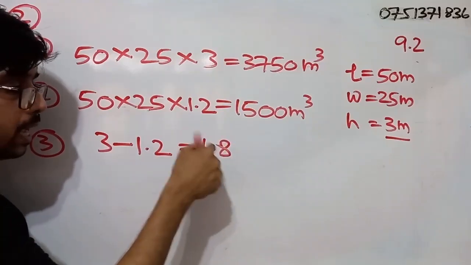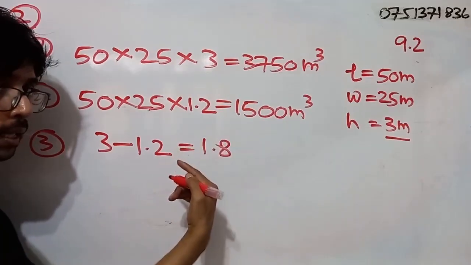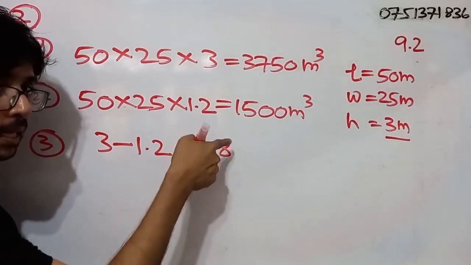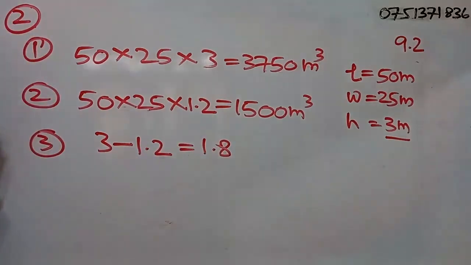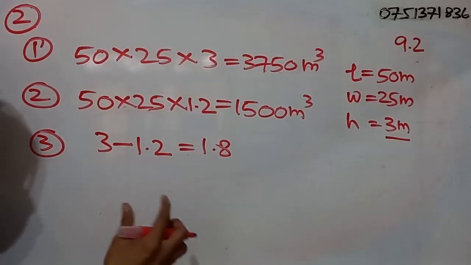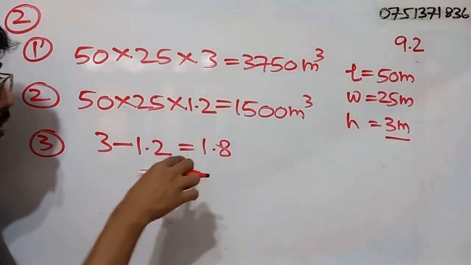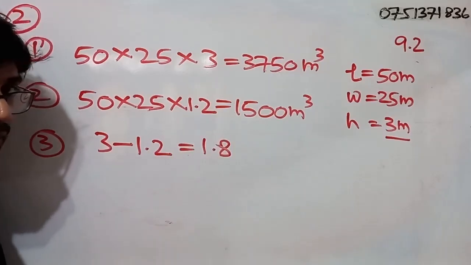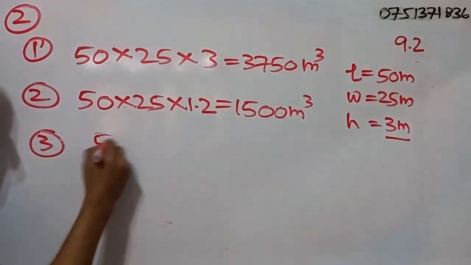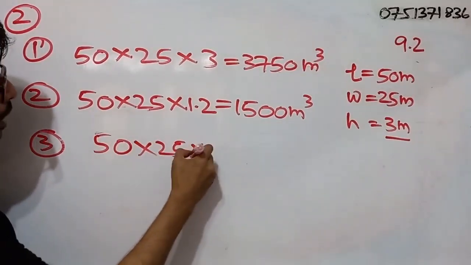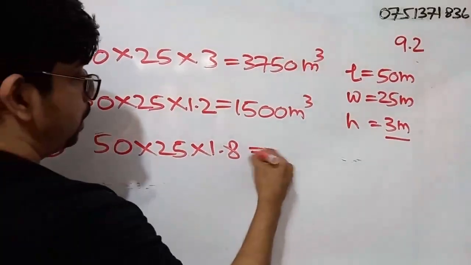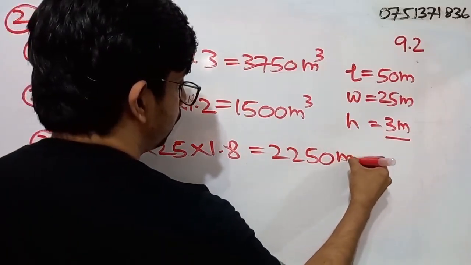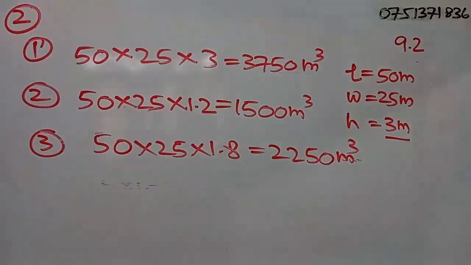Or else, if we put water up to another 1.8 meters, the swimming pool will be filled. So we have to calculate the volume considering the depth as 1.8 of the pool. So 50 into 25 into 1.8. When we multiply these values, we get 2250 cubic meters. That's the answer.